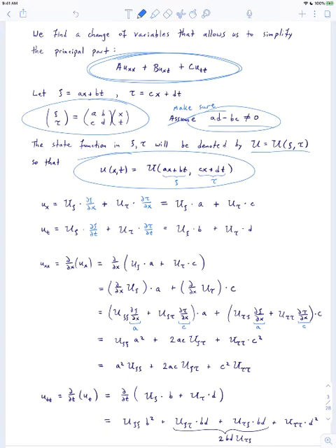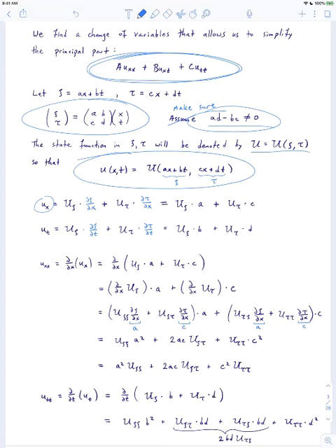So here we've done that for partial u, lowercase u, with respect to x. And that's uppercase U with respect to c times the derivative of c with respect to x plus the derivative of capital U with respect to tau times the derivative of tau with respect to x. And since c and tau are linear in terms of x and t, we just end up with constants here.